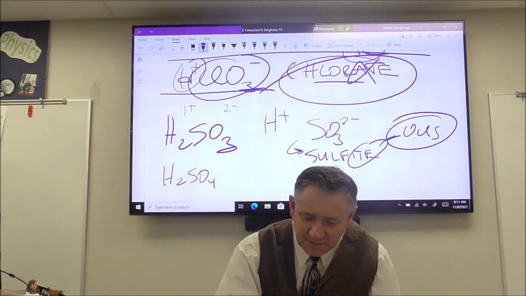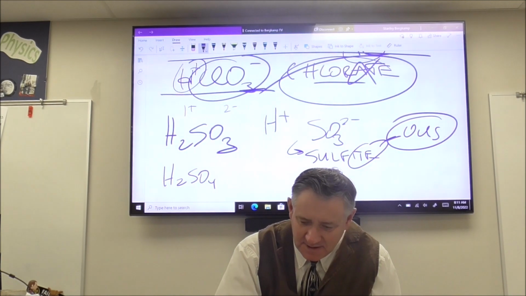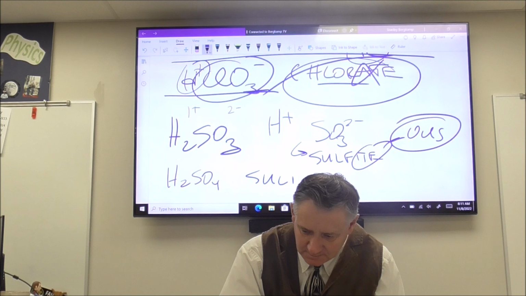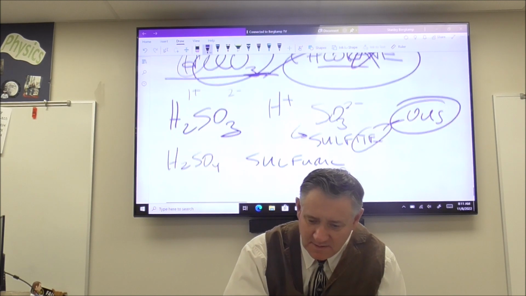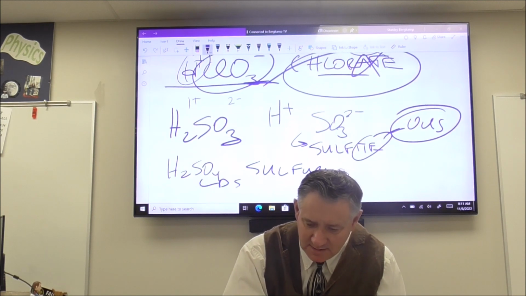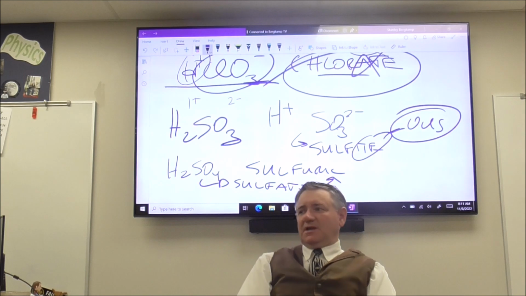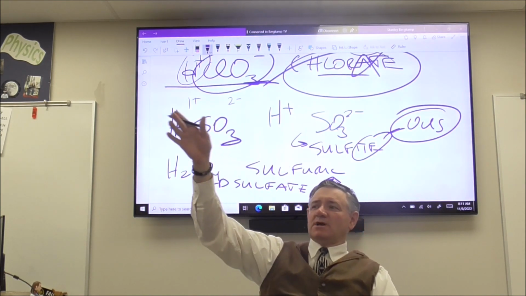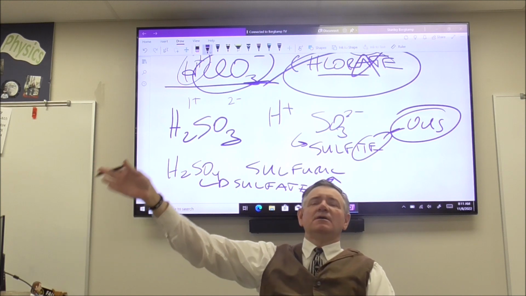Now, if you look at H2SO4, this is sulfuric acid. So this is sulfate. So ate becomes ic again, okay? This is why it's so random in terms of the rules.